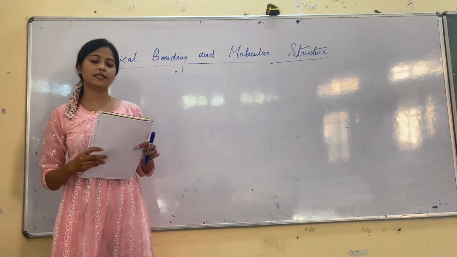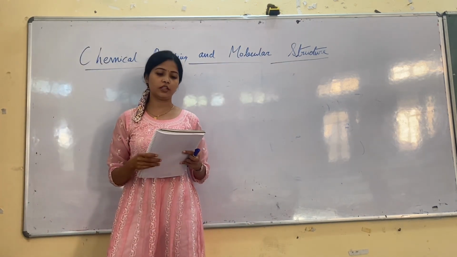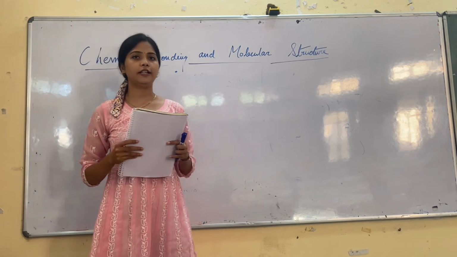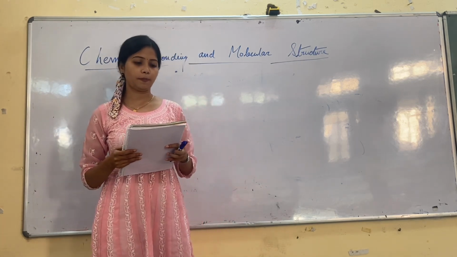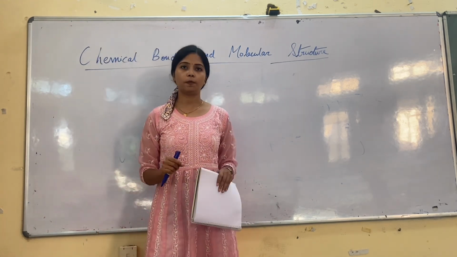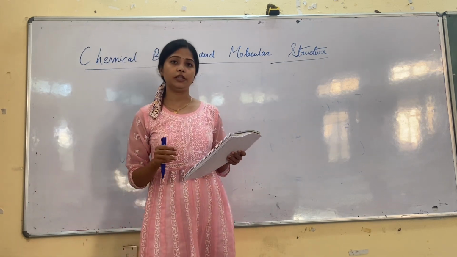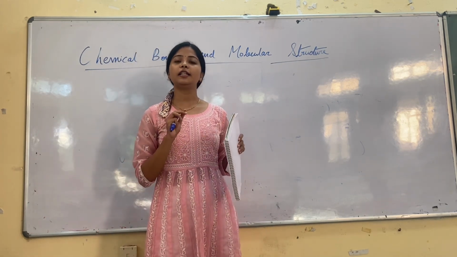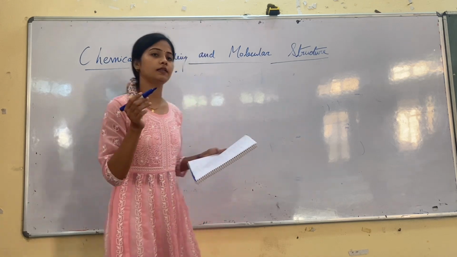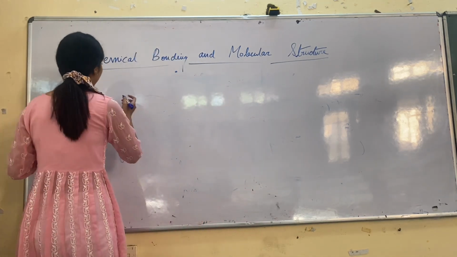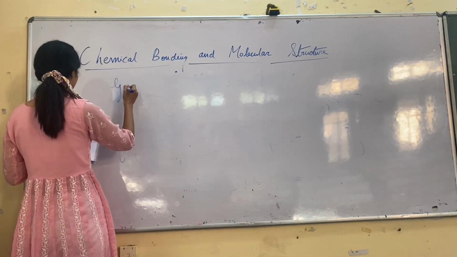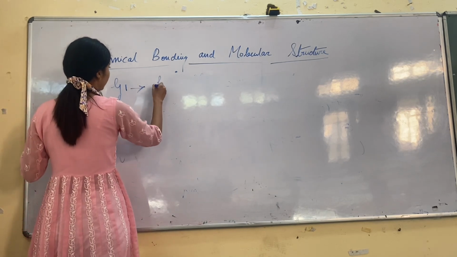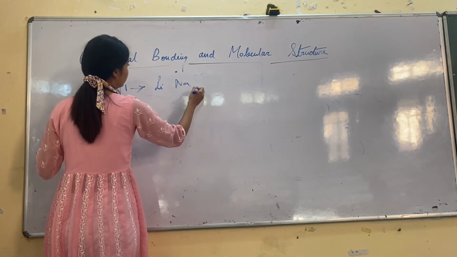Now, what is electrovalency? The definition of electrovalency is basically the number of electrons lost or gained. And the most important point of electrovalency is it can never be negative. Let us see an example. We'll take the group 1 elements like lithium, sodium, potassium.